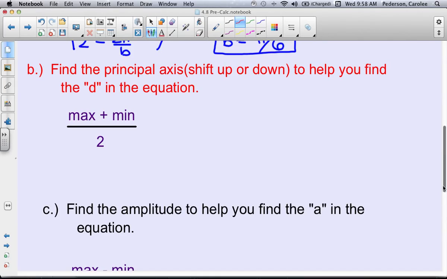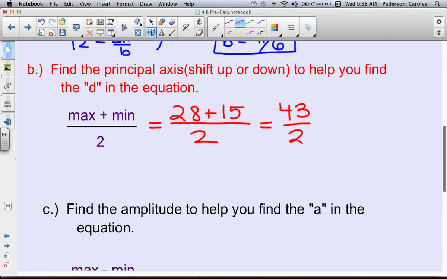So we said the maximum temperature is 28. The minimum temperature was 15. And then we divide by 2. So 28 plus 15 is 43. Divided by 2 is 21.5. So my graph shifts up 21.5 degrees.